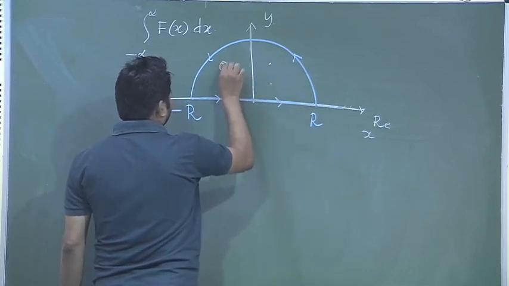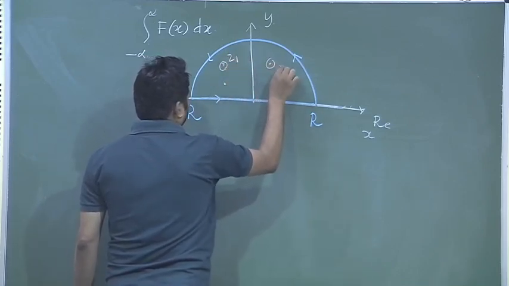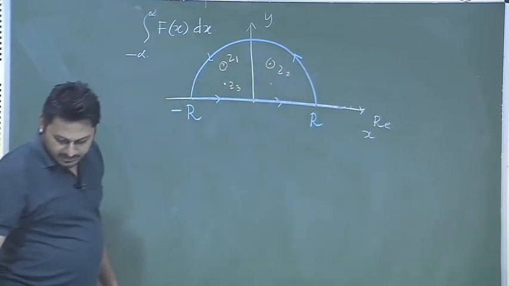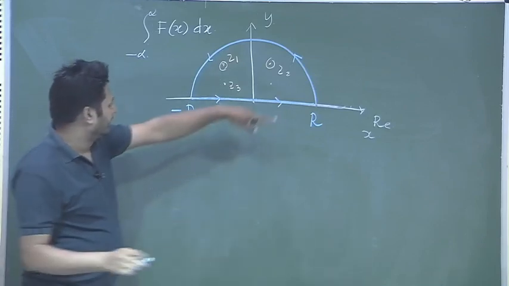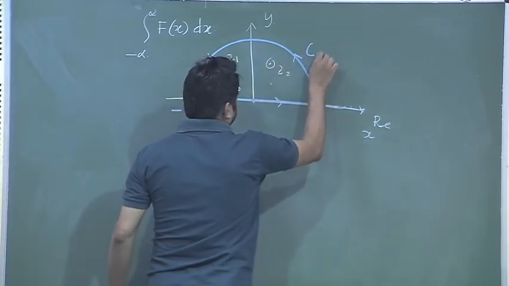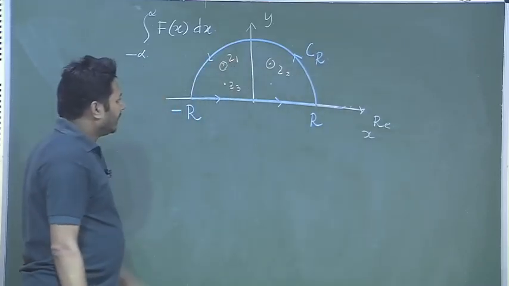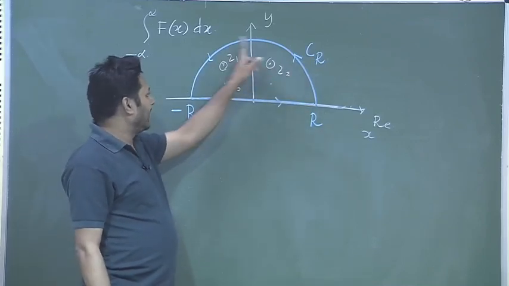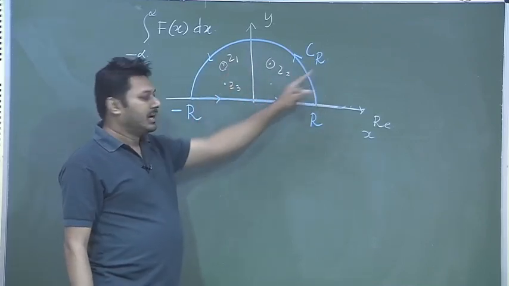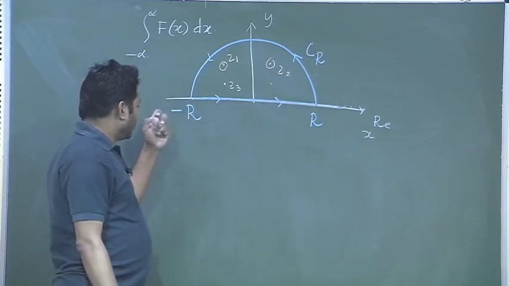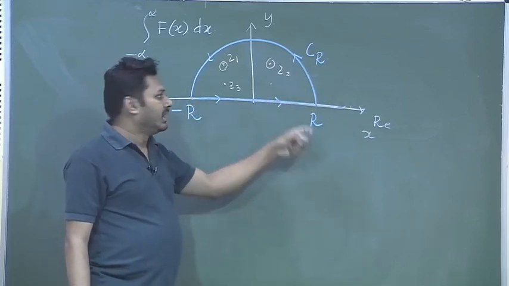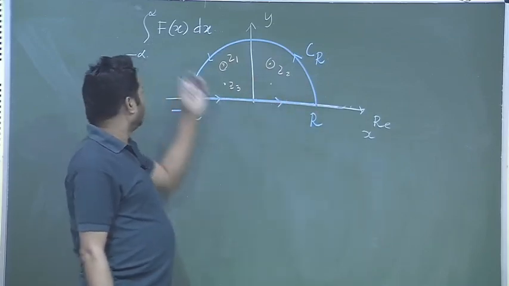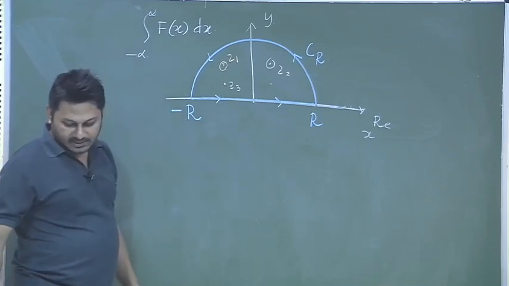We may have singularities z1, z2, z3 and so on, and I write this arc as CR. So, this closed integration contains two parts: one is this arc which we call CR, and another is over the real line running from minus R to R, and if I add these I have a closed loop. So, this integration first I need to write in terms of z.